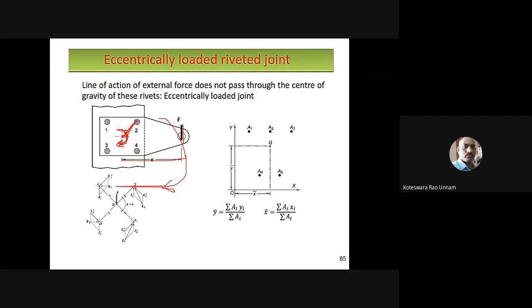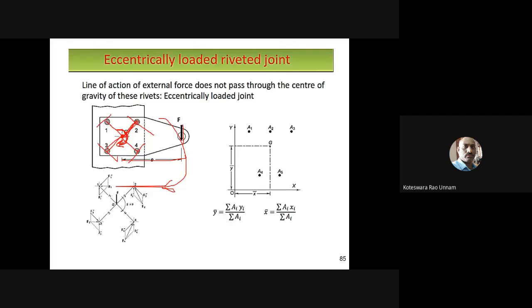Always your force is perpendicular to this, so that you will get the twisting moment here. So the direction of the twisting force will be something like this. If I join the center of gravity to the center of the rivet, for all the rivets I need to do it like that, then the force direction will be perpendicular to this, like this.